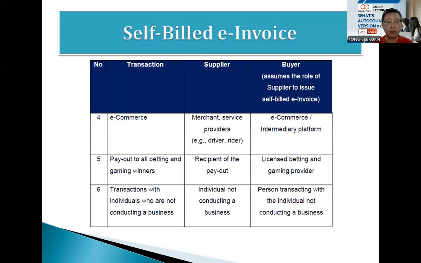Number four, e-commerce. If your company has a website or uses a platform like Shopee or Lazada, or a merchant service platform like GrabFood. Let's say I buy things from Shopee.